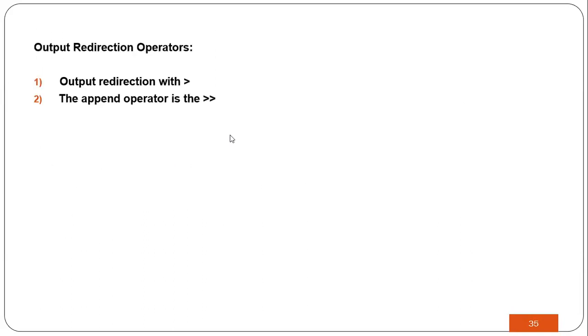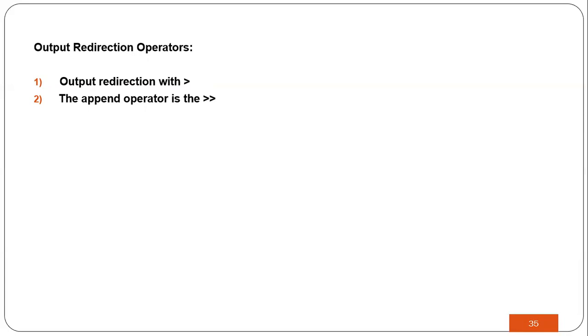These are the two input output redirection operators. The first one is the greater than symbol. This is the output redirection operator, used to redirect output to a file instead of the terminal. The second one is the append operator.